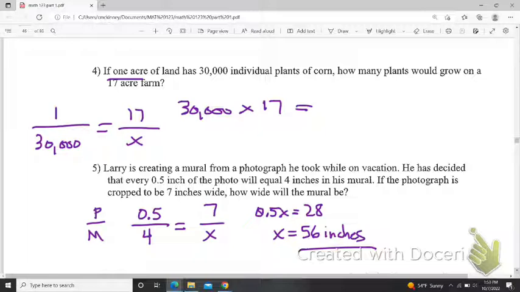Now, you could have thought, oh, ½ inch to 4 inches, that's 8 times as big. So 8 times 7 also gives me 56. So more than one way to get to these answers, but the proportion is a good and reliable way, even when you don't see some other relationship between the numbers, or when it would come out really messy.